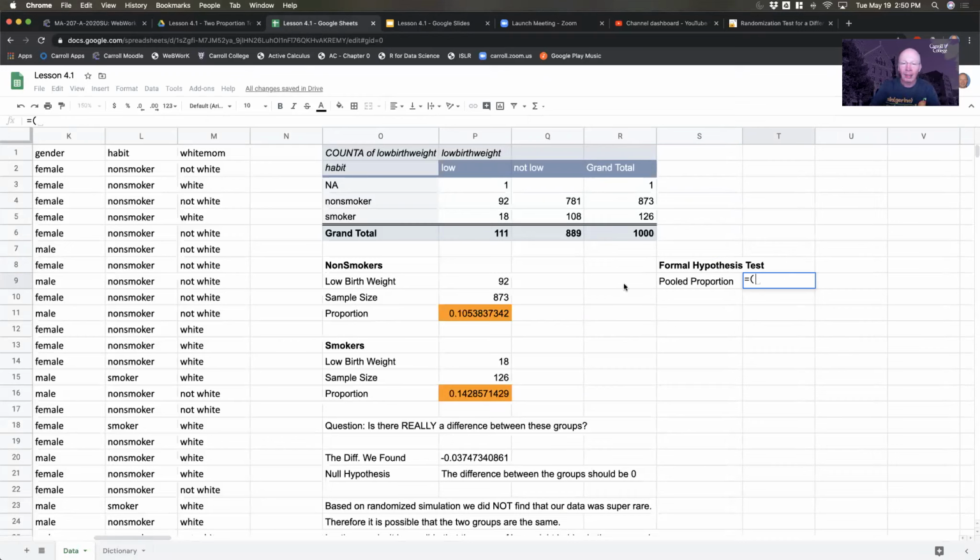So that would mean I get (92 low-weight babies plus 18 low-weight babies) out of (873 mothers plus 126 mothers). And notice I didn't say which groups those mothers were coming from. It's because we're assuming those two groups are actually the same. Under that assumption, we would see about 11% of mothers have low-weight babies. So that's just assuming that there is no difference between the two groups. Hey, 11%.